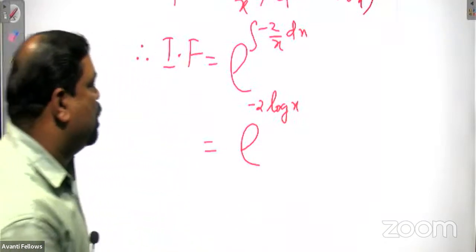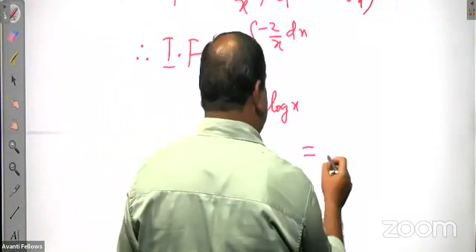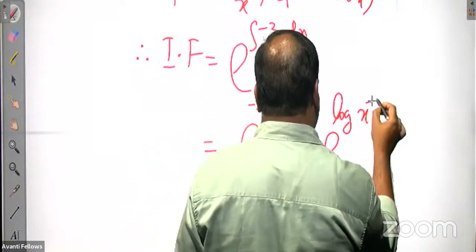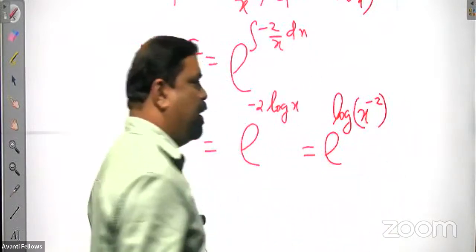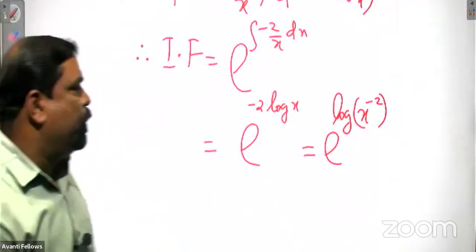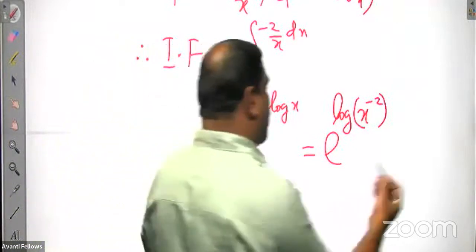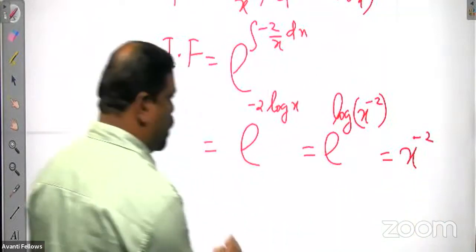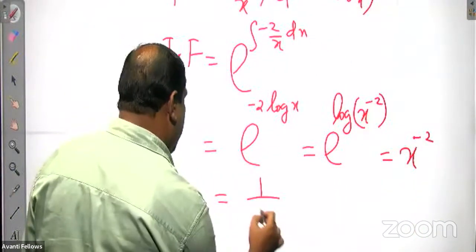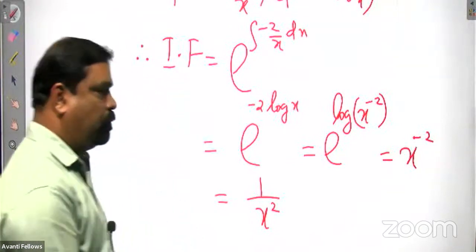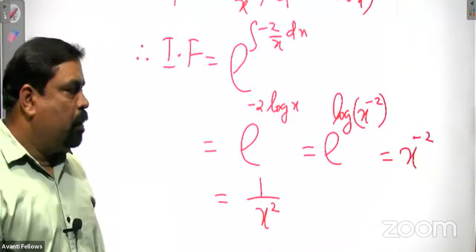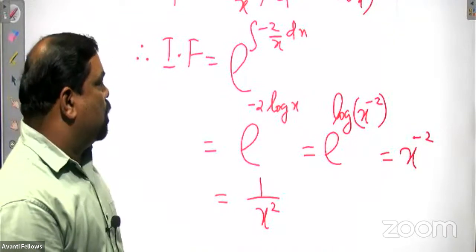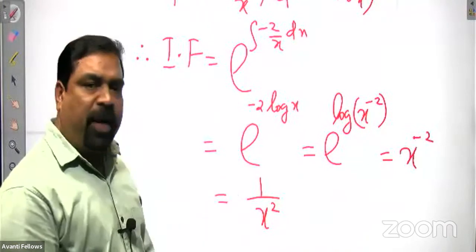That can be further written as e raised to log of x raised to minus 2. And we know that e and log are inverses of each other, so you'll get x raised to minus 2, which means 1 by x square. I think it is clear. So this is our integrating factor.